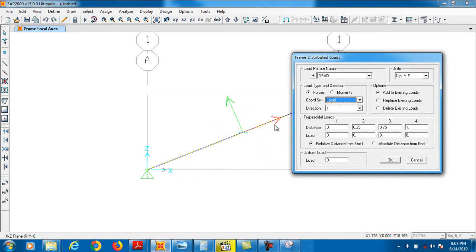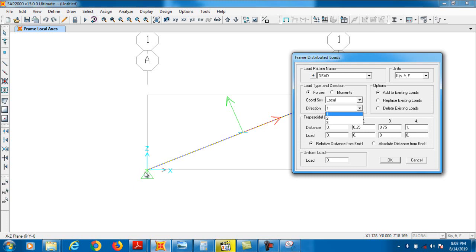Now here you need to identify, because the local axes are represented by 1, 2, 3. I think 1 is basically for x, 2 is for y, and 3 is for z. This is a change for the local axis.